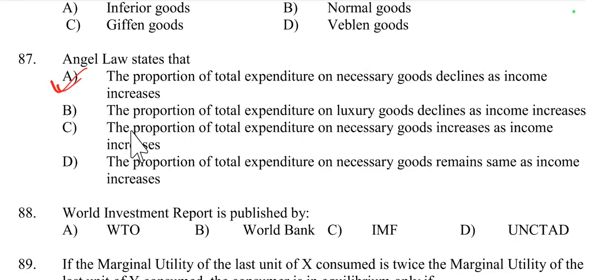According to this law, as household income increases, the percentage of income spent on necessary goods, like food, decreases, while spending on luxury goods and services tends to increase. When the income of a consumer increases, necessary goods demand decreases and luxury goods demand increases. This is called Engel's law.